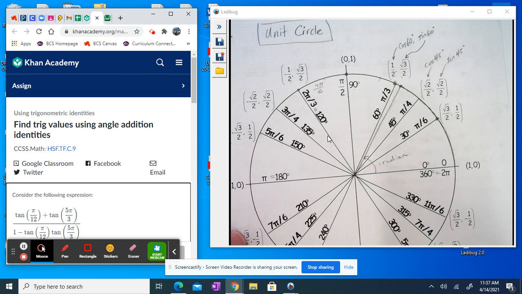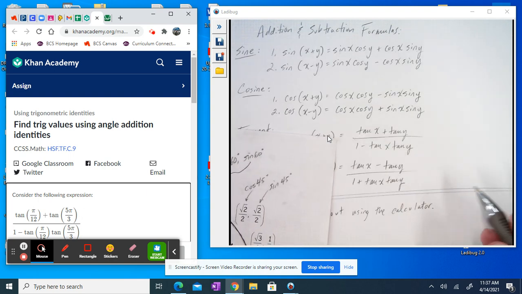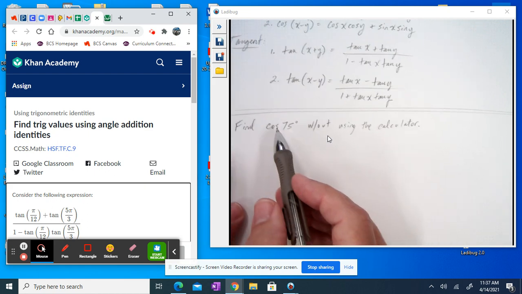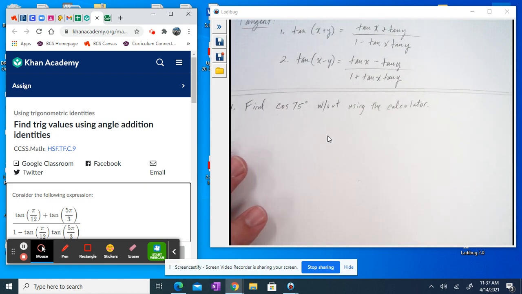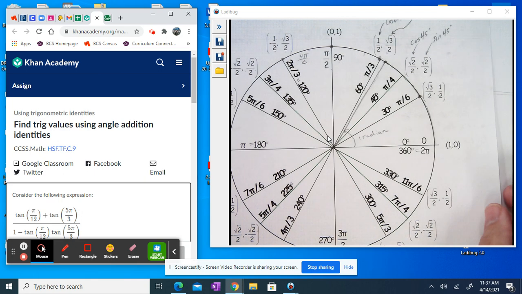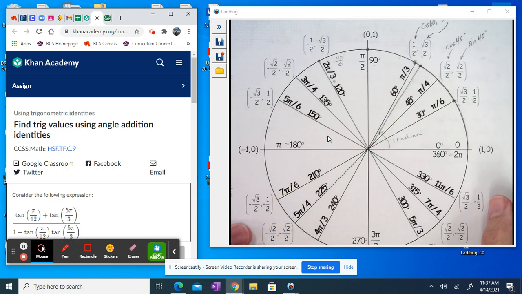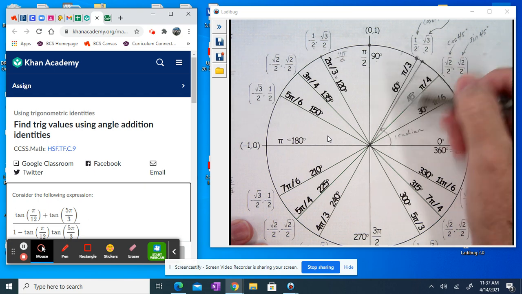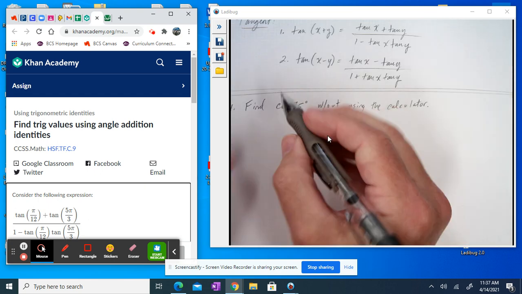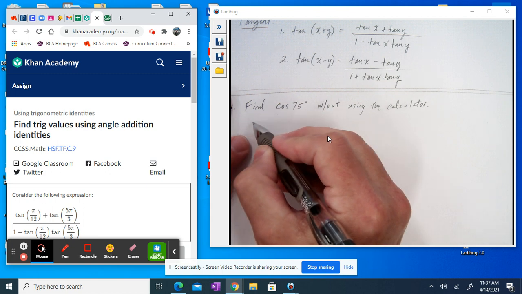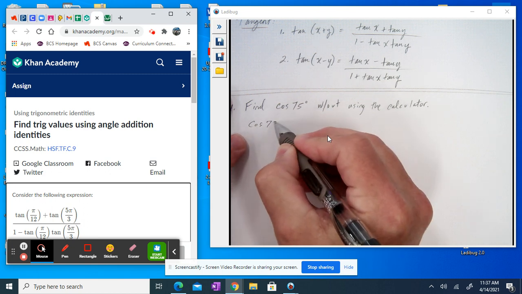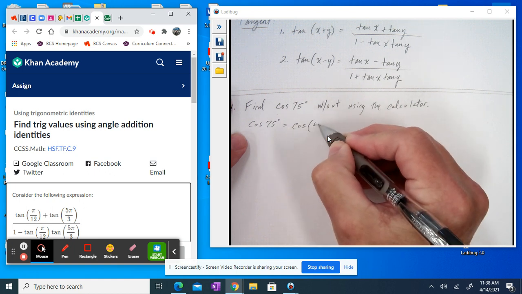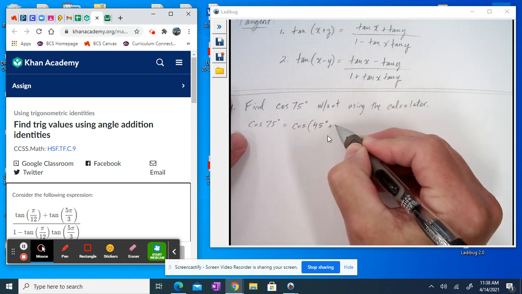So for instance, let's say you wanted to figure out the cosine of 75 degrees. Back in the old days before we had a computer, 75 degrees is not on here, right? But I could say the cosine of 75 degrees is equal to the cosine of 45 degrees plus 30 degrees.